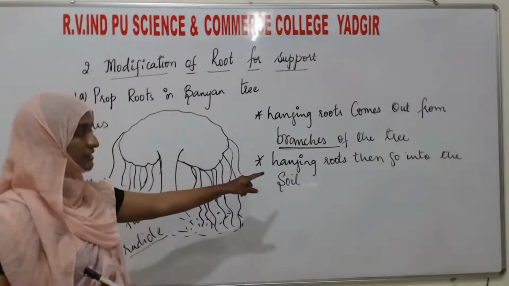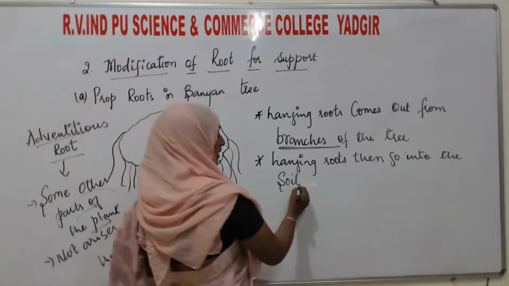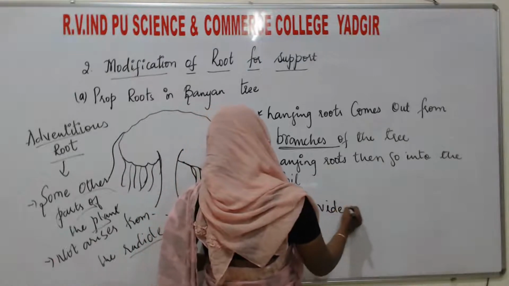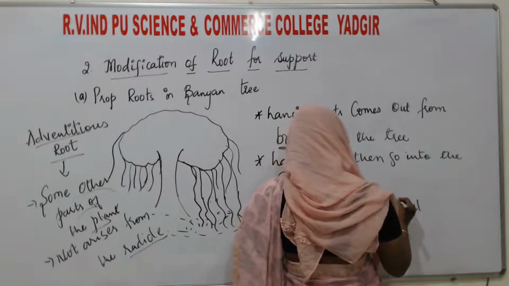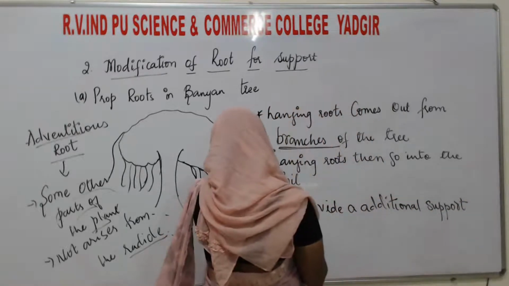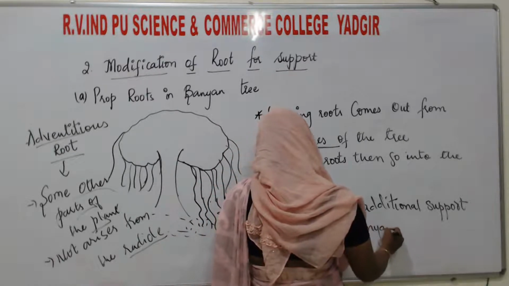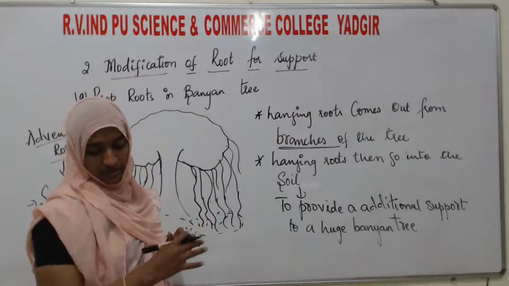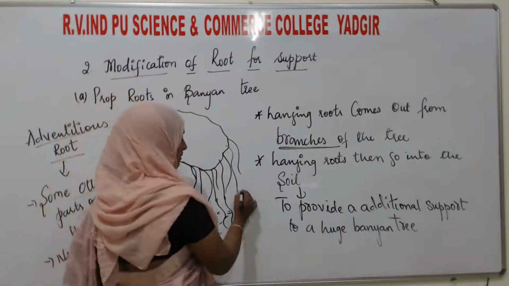So this hanging root, when it goes and emerges into the soil, provides additional support to a huge banyan tree, and such roots are known as prop roots.